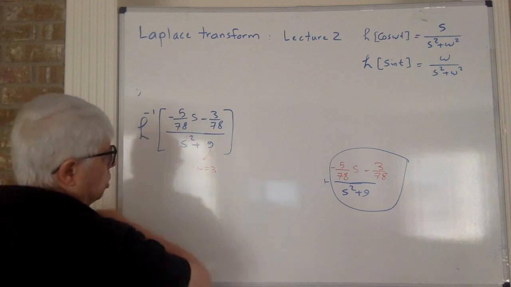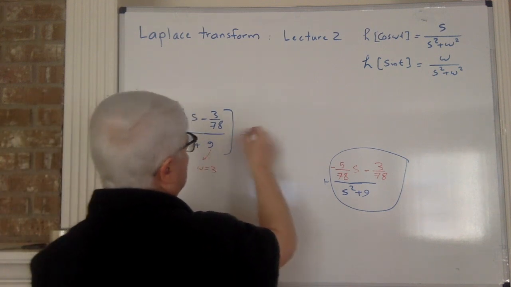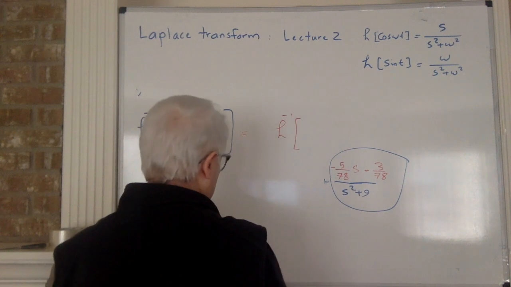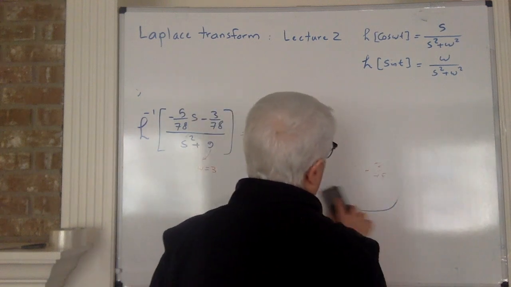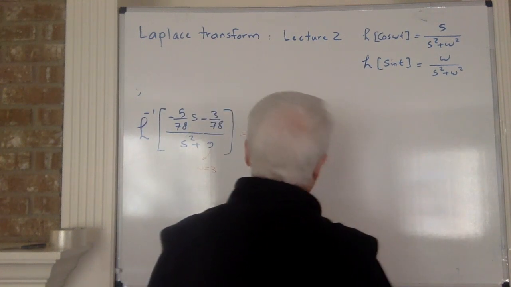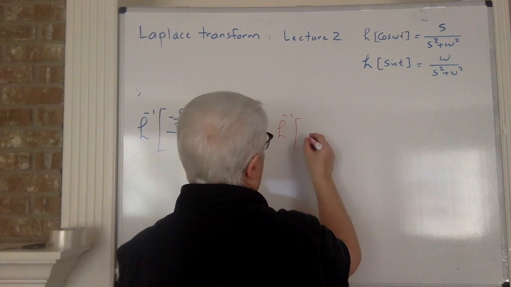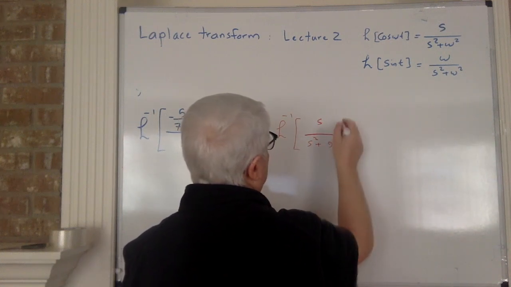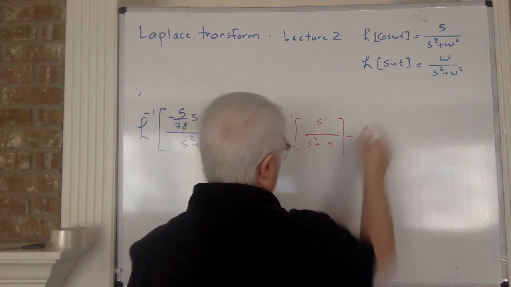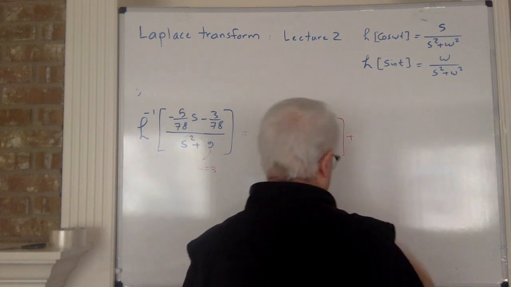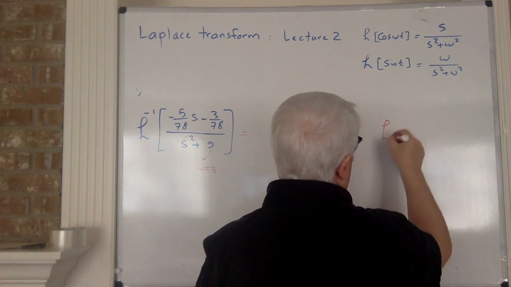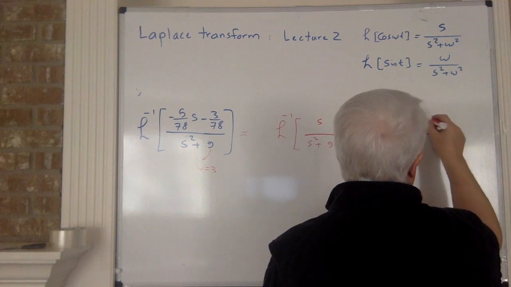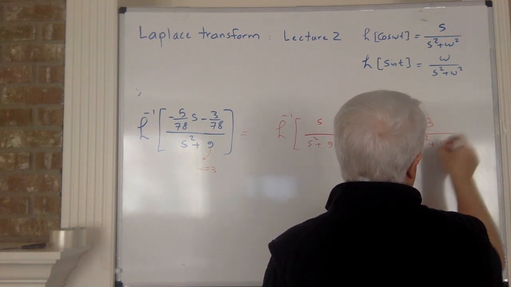So in the numerator here, I have something like this: some constant times L inverse of s over s squared plus 9, and some constant times L inverse of omega, which is 3, so I need 3 here, over s squared plus 9.